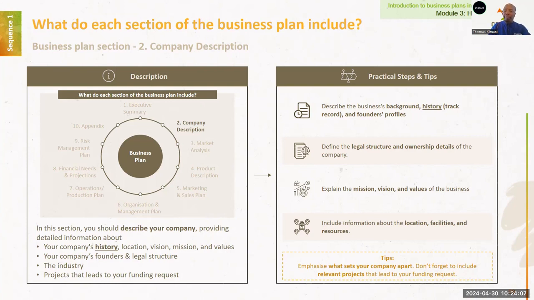Emphasize anything that gives your business an advantage to the audience, state it here, right? So this also sets your company apart. Like I said, some of these people who make decisions are pumped with so many business plans. So you have to make sure that your business idea stands out.